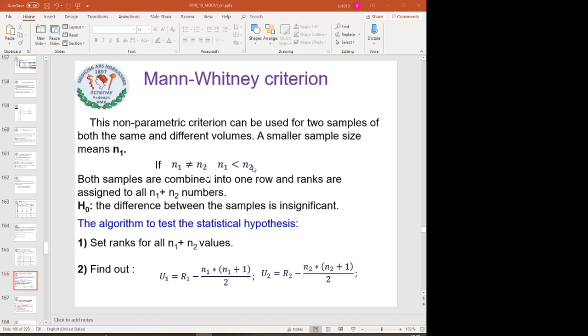It's just notation. It will be useful when we look at critical value tables. So let's think always that sample size of first sample is less than sample size of the second sample. Null hypothesis is like in Student's criterion that differences between samples are insignificant.